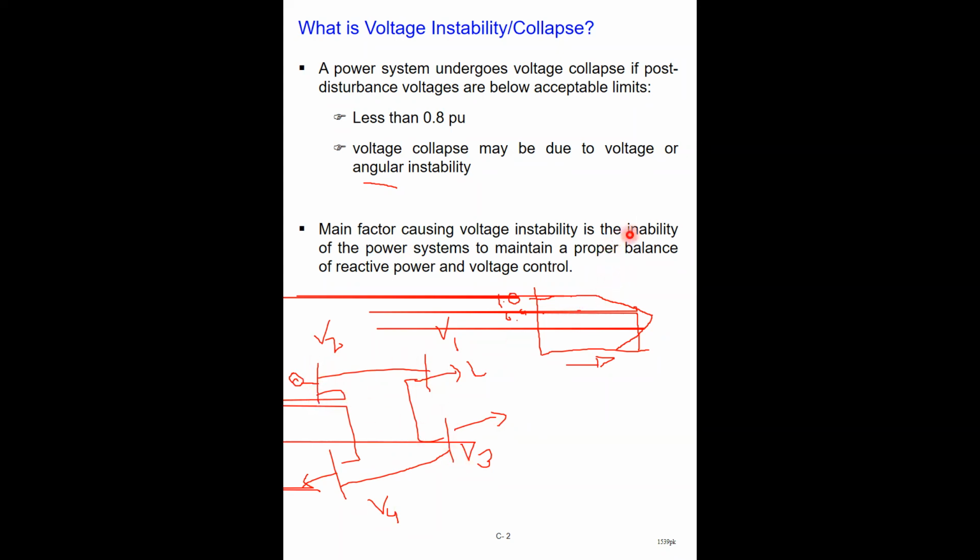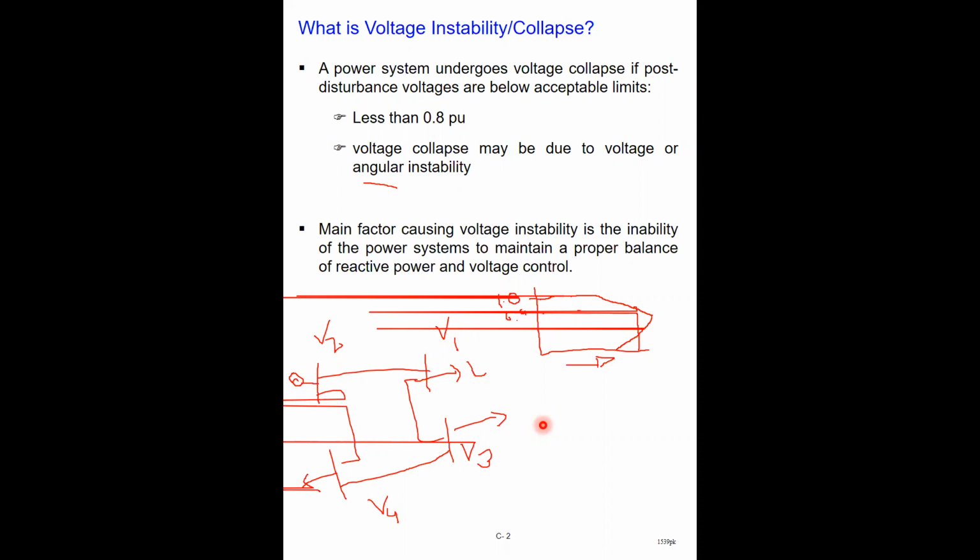So, the question arises about the reactive power balance here. Earlier, we talked about active power balance, and thus we set frequency control or frequency regulation in the system. The same way here we talk about reactive power balance and thereby voltage control at every bus in the network here, right?